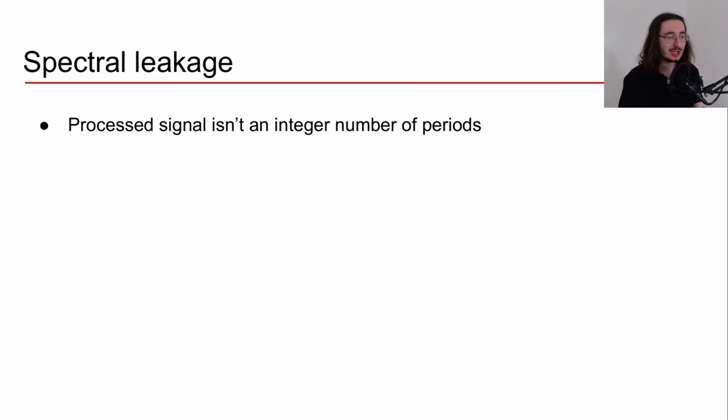Spectral leakage happens when we are taking the Fourier transform of a signal that isn't an integer number of periods. And this basically happens all the time, because you have a certain amount of time worth of audio, and it's rarely the case that that amount of time has an integer number of periods.